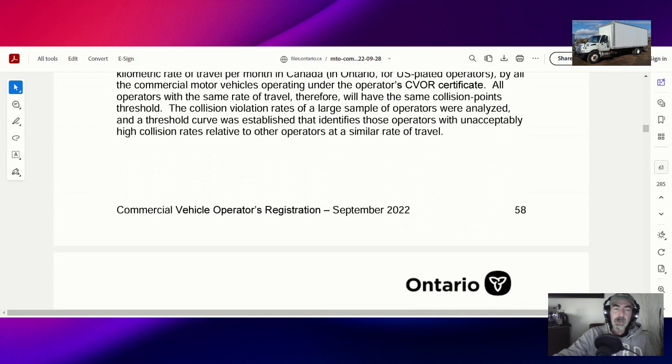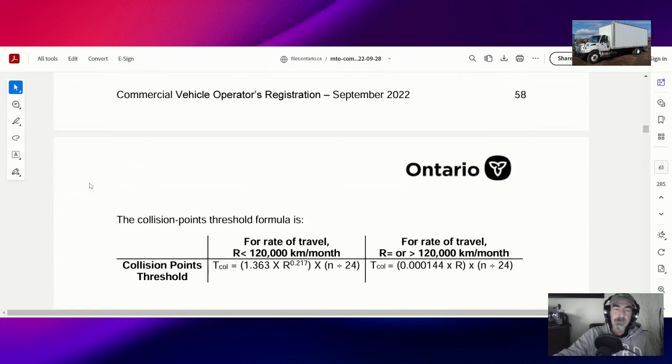All operators with the same rate of travel, therefore, will have the same collision points threshold. The collision violation rates of a large sample of operators were analyzed, and a threshold curve was established that identifies those operators with unacceptably high collision rates relative to the other operators at a similar rate of travel.